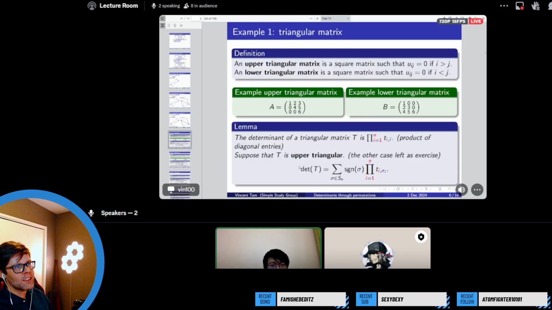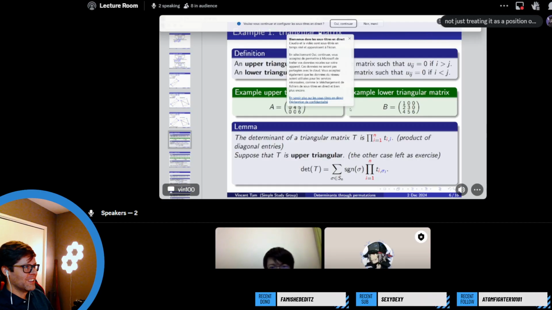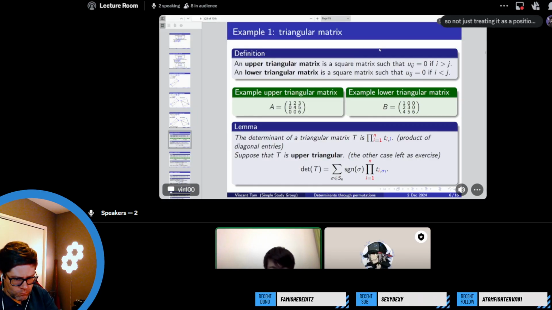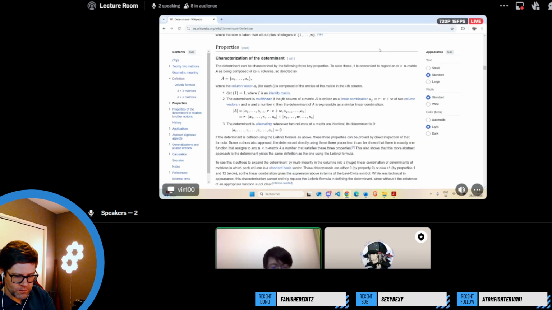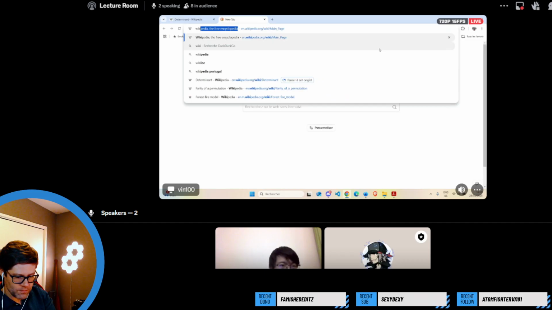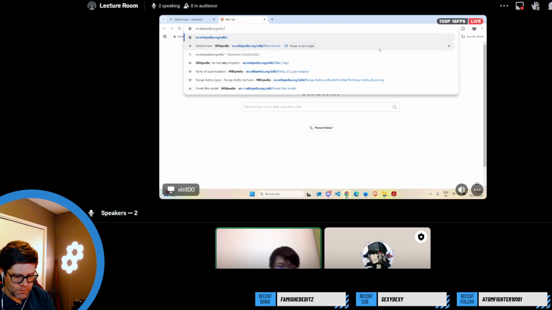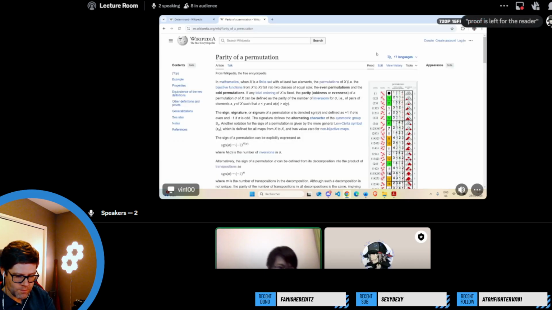Actually, what I'm trying to illustrate with this proof is proof number 5 in Wikipedia's article on the parity of a permutation.